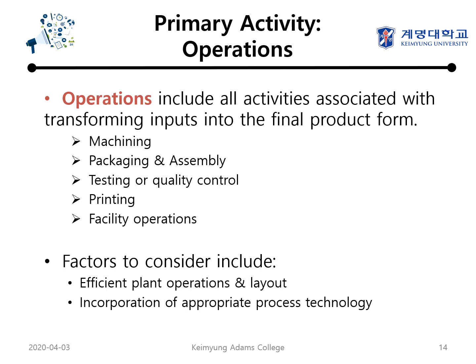Our next primary activity category is operations. Operations include all activities associated with transforming inputs into the final product form, such as machining, assembly, equipment, testing, printing, and facility operations. A good example is Shaw Industries, now a part of Berkshire Hathaway, the world's largest carpet manufacturer.